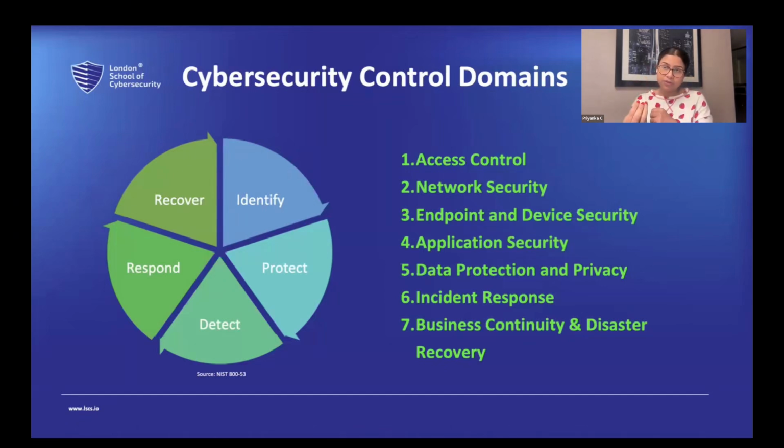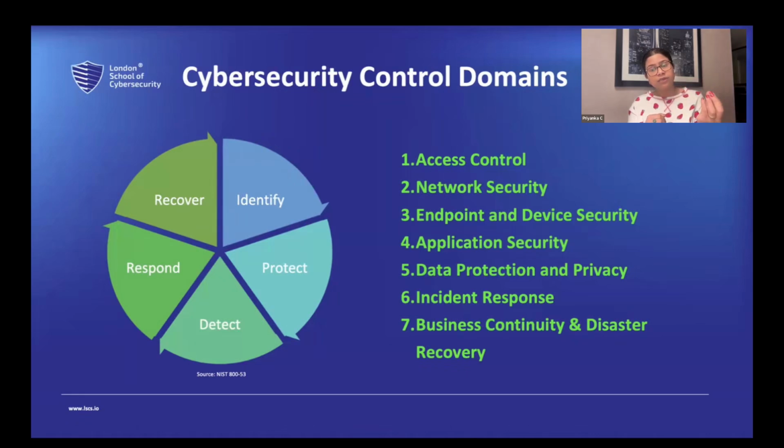So some controls are used to identify threats, some to give us protection, some to detect when things are going wrong, some are more helpful for us to respond, and some are more relevant for recovery when something has already gone wrong.